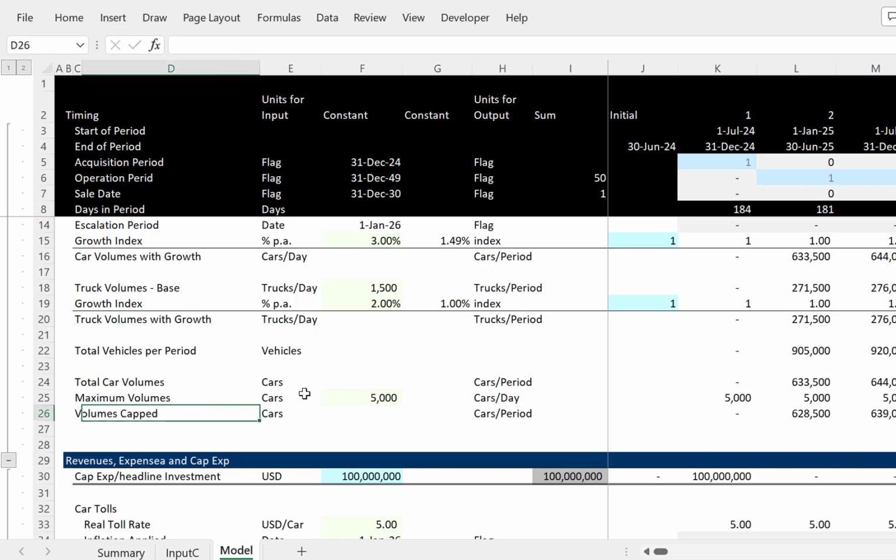Okay, so let's do it differently. I put this minimum already. Let's just figure out what the capped volumes are, and do it one at a time. It was kind of stupid the way I did it. And we better multiply this. Remember, we can start remembering things by the operation period. Shift Control R. So that's our capped revenues.